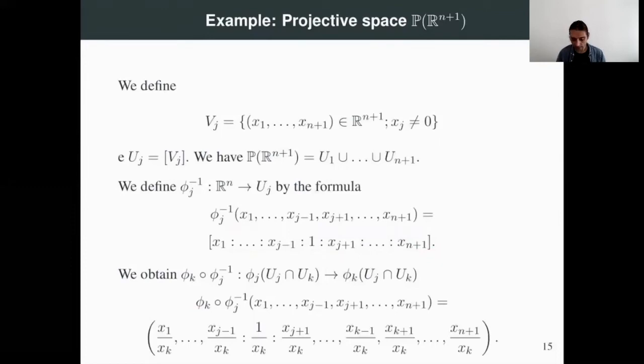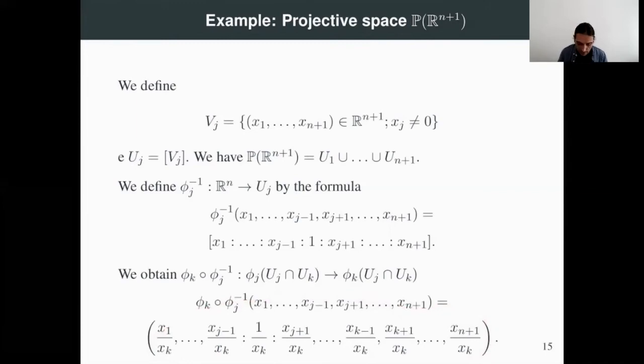But that's simply dividing all the components by x sub k, and then removing the one that you get in the k coordinate. It's exactly that. So we're going to get this expression. You can do the calculations with a little bit of care. We're going to get exactly this.